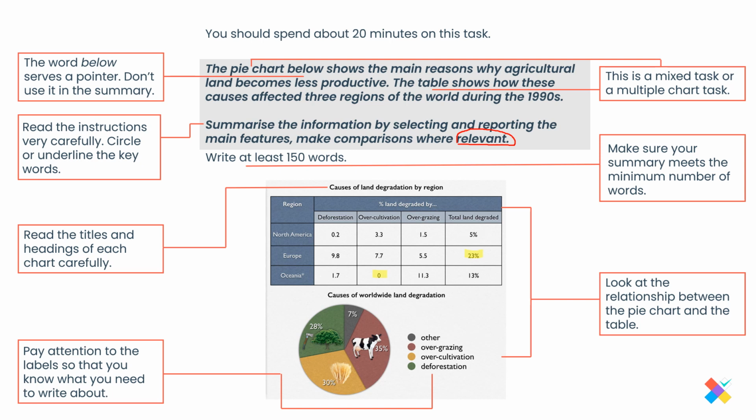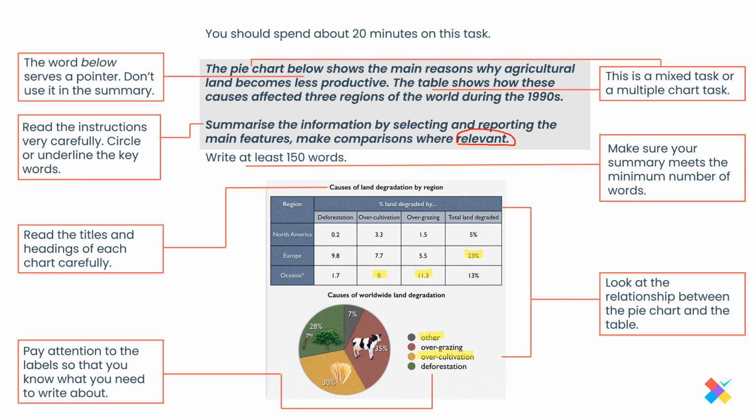And now I can also see, which is really weird, that Oceania has overgrazing, the biggest one. Okay, so you can identify. You can also see that overcultivation is the biggest cause of worldwide land degradation, whereas other is the least important. And the other ones, deforestation and overgrazing, are pretty much similar.